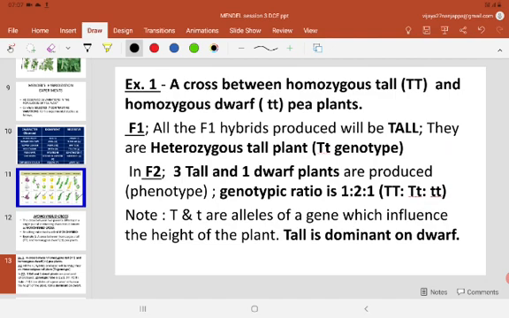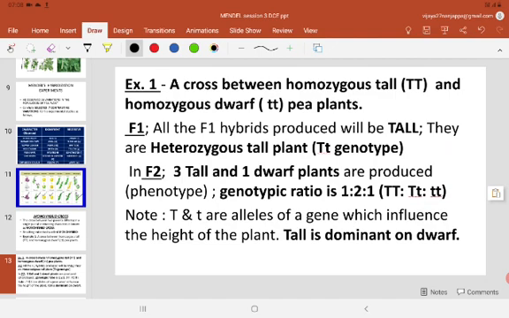That cross between tall and dwarf plants, which are homozygous, results in the production of tall plants in F1. In F1, all the plants produced will be tall and they are heterozygous, that is, the genotype is T and small t.